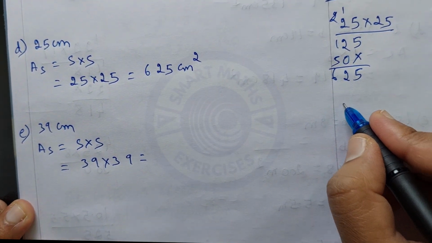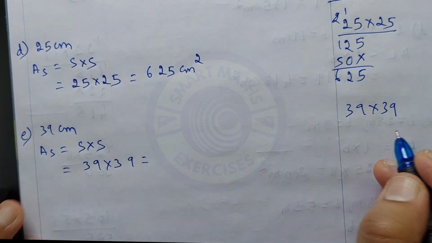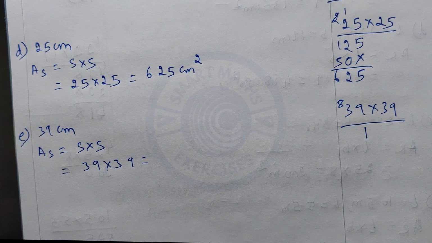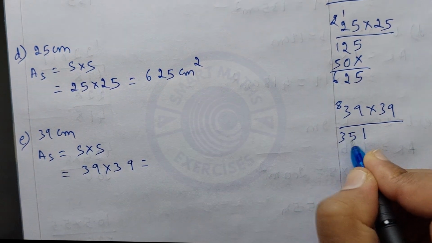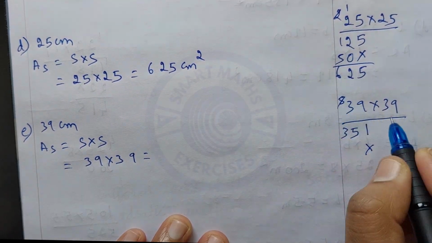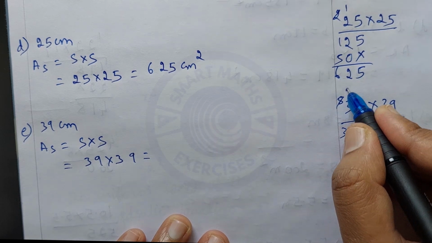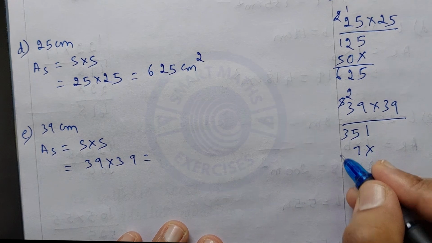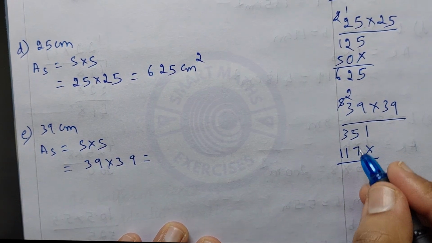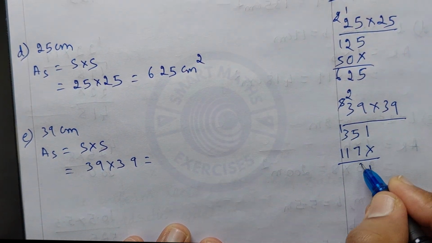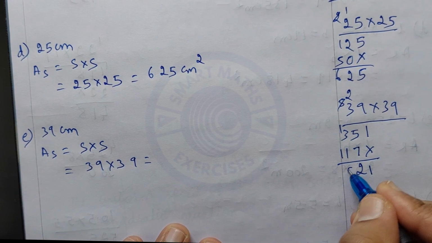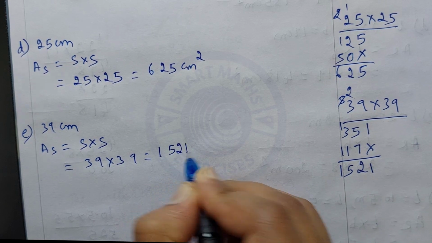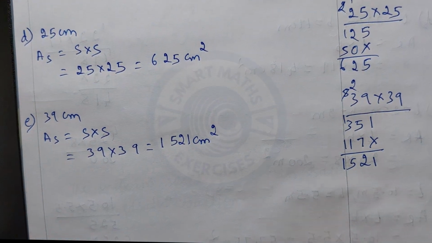Multiply 39 into 39. 9 nines are 81. 9 threes are 27. 27 plus 8 is 35. 3 nines are 27. 3 threes are 9 plus 2 is 11. 7 plus 5 is 12. 3 plus 1 is 4, plus 1 is 5. So answer is 1521 centimeter into centimeter. So centimeter square.